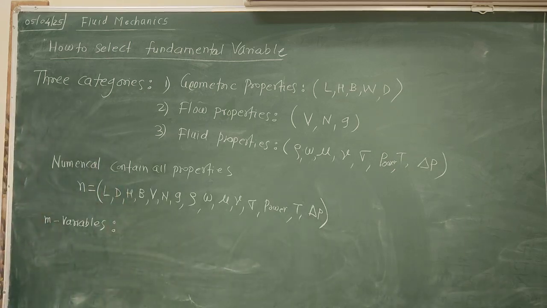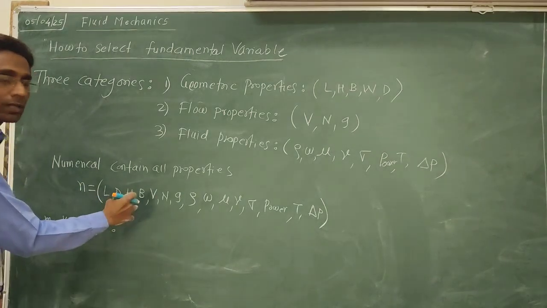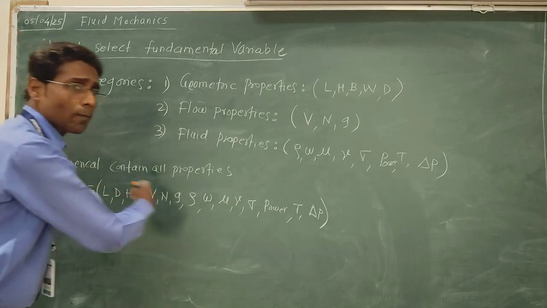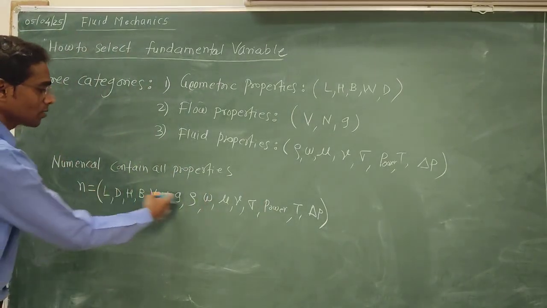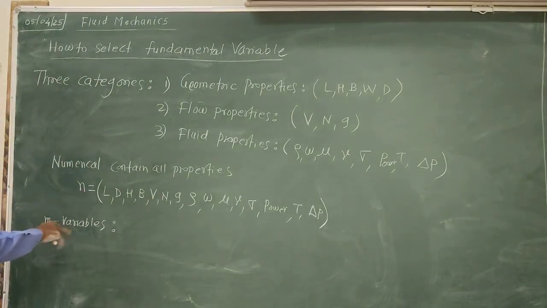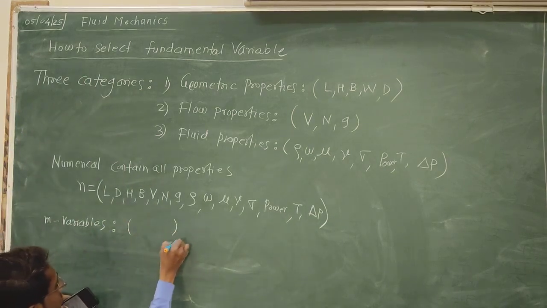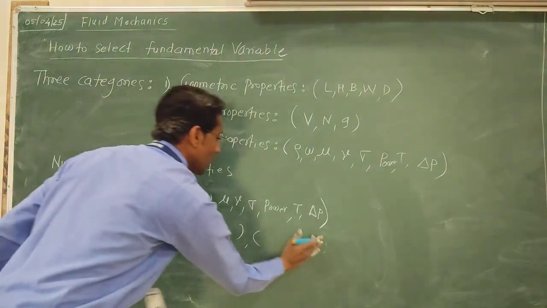In the numerical there will be a set of variables. Here I have taken all the variables, whatever properties I have taken together. In an actual numerical, there will be only some of these. Out of that n, we have to take 3 variables, m variables, that are the repeated variables or fundamental variables. How can we do that? Set of 3. You can write it in different ways.